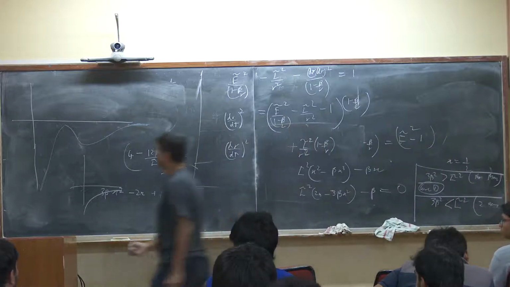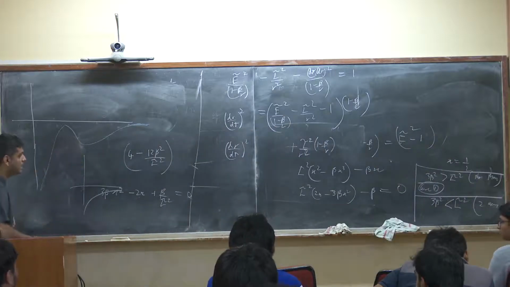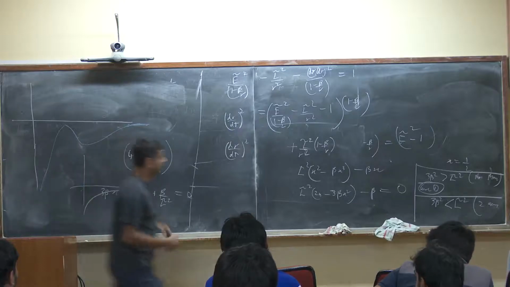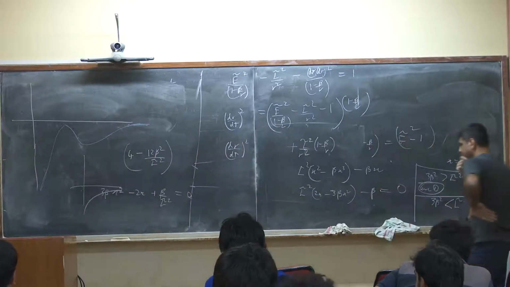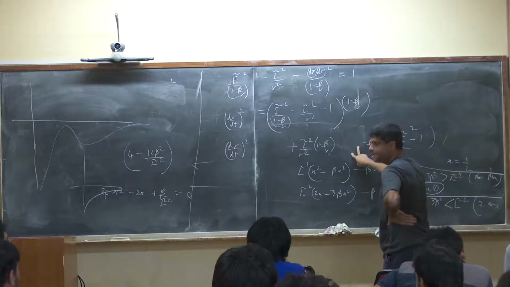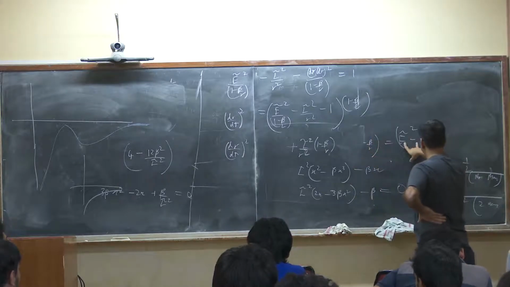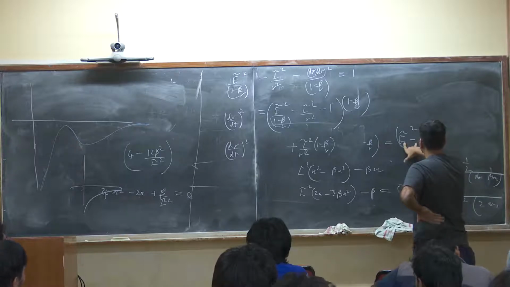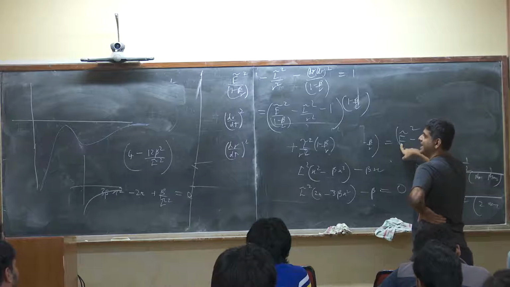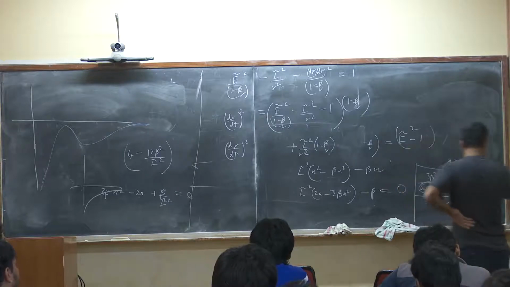Can it ever go above E equal to 0? Probably not. Let me think about that just a minute. Let's see. What is the magnitude of this? The magnitude of this is this quantity. Now, this quantity here was the energy in units of m.